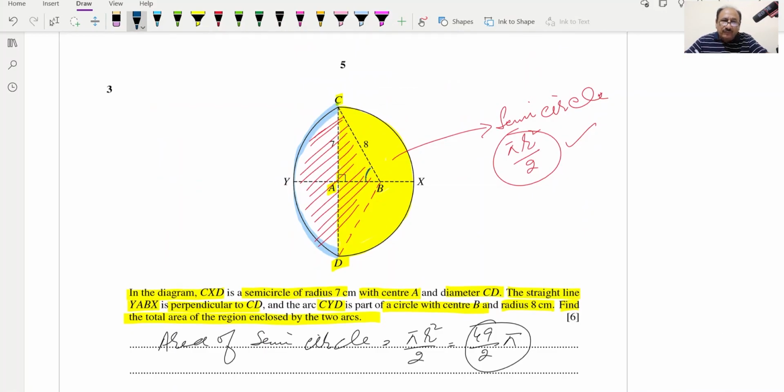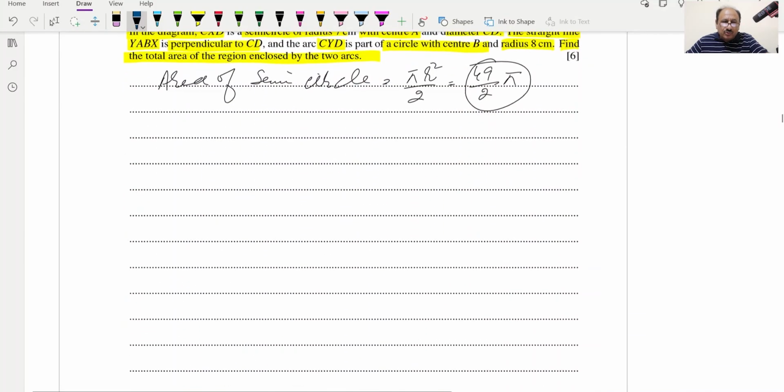We will find this complete angle by finding the angle of triangle ABC.